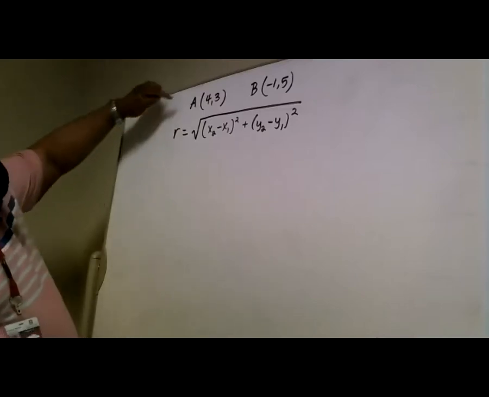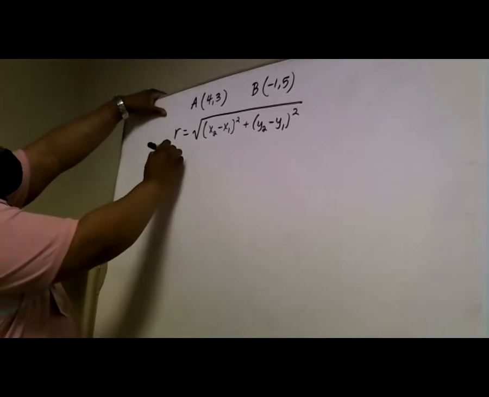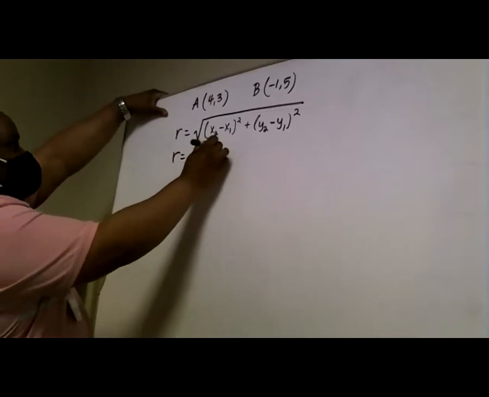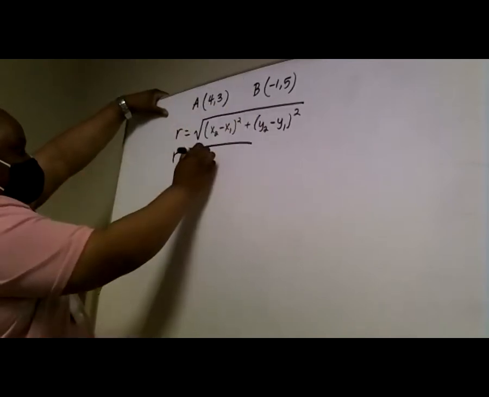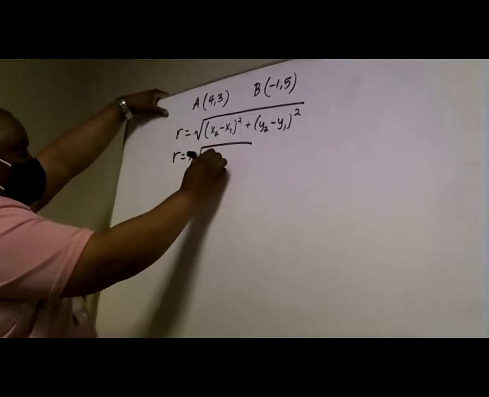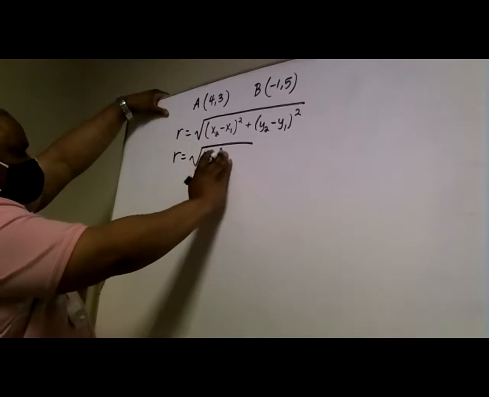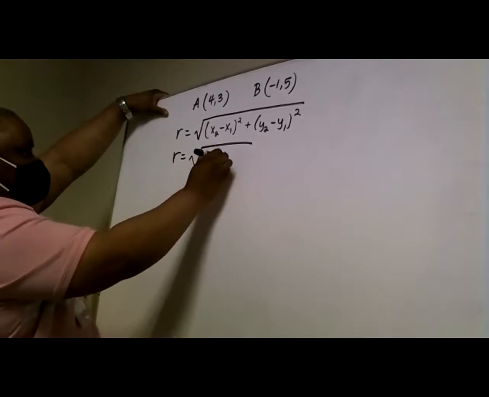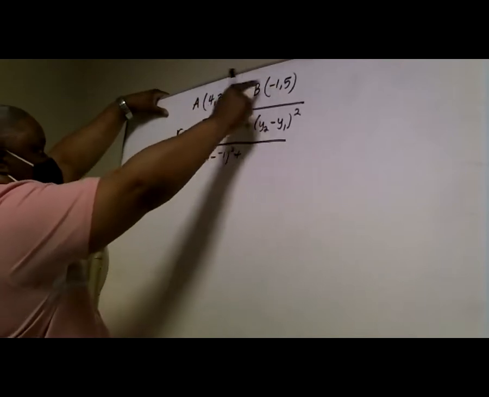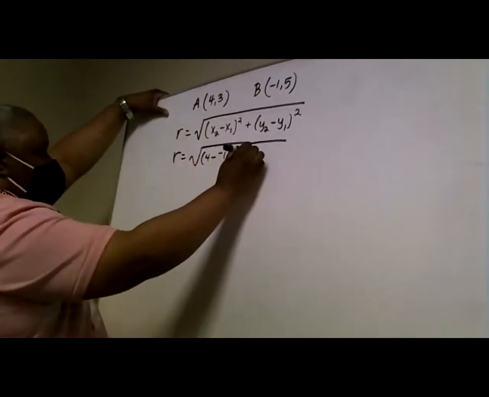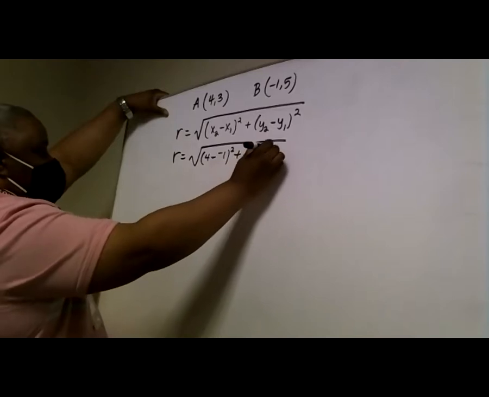Okay, so now, to find the radius, x2 minus x1, this will be 4 minus negative 1, and that's squared. Plus y2 minus y1, 3 minus 5, and that's squared.